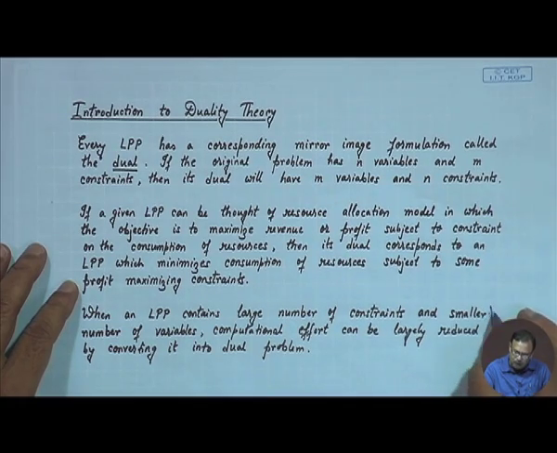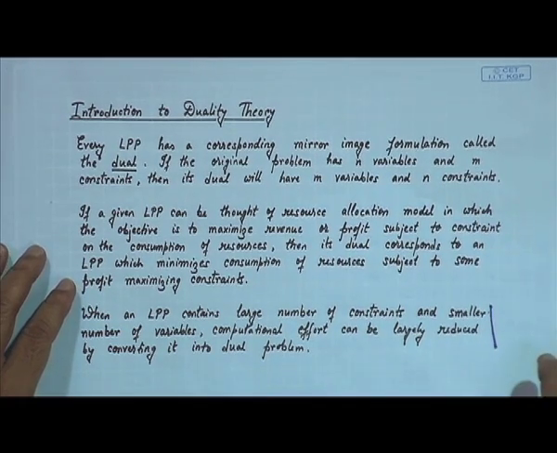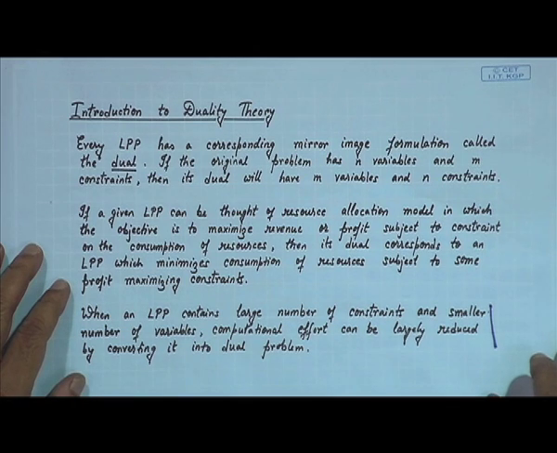Please note this one: why should I go for the dual problem? Because ultimately, in the dual problem as well as in the original LPP, in both cases your optimal solution will remain the same; the optimum solution will not change.